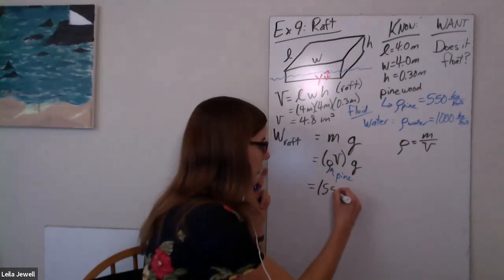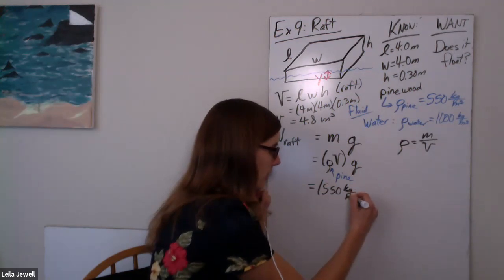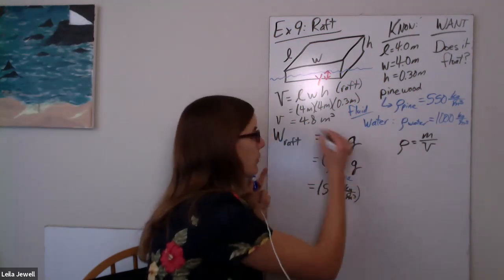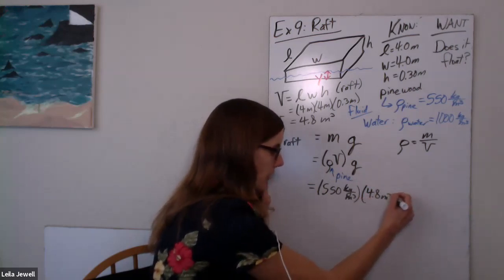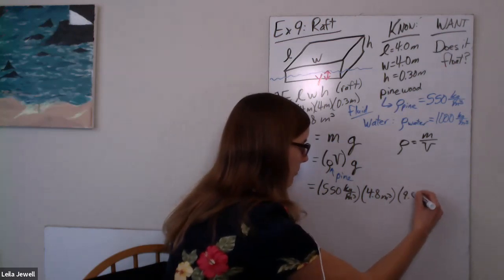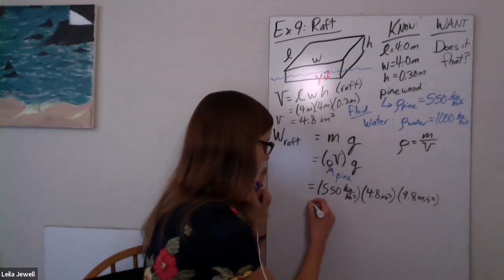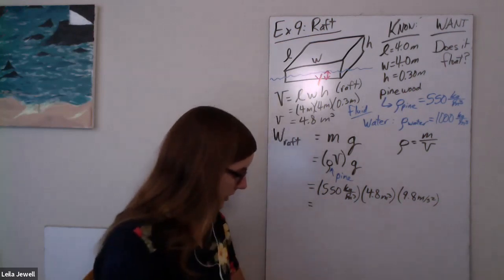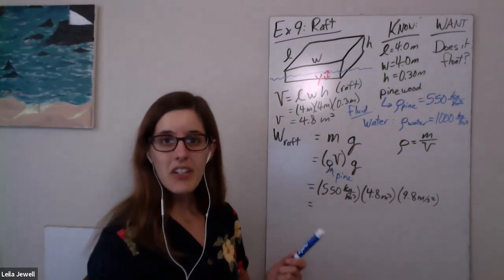So 550 kilograms per cubic meter times my 4.8 cubic meters, and we'll notice the cubic meters cancel there, so that's great, times g, 9.8 meters per second squared. All right, so if you multiply these out, you should get something on the order of 26,000.